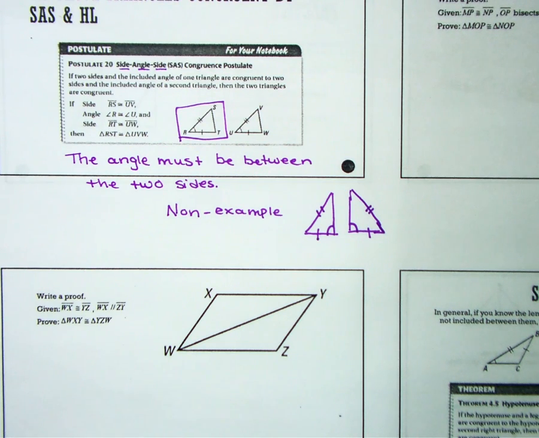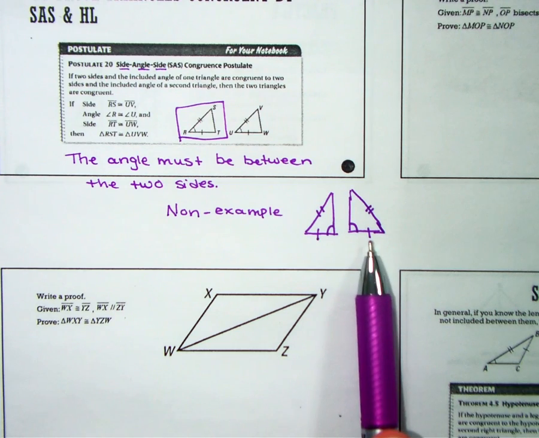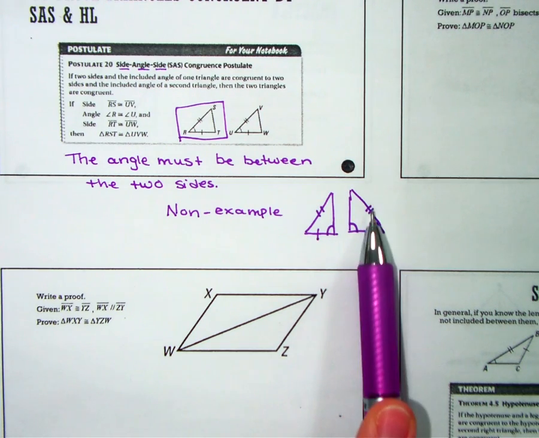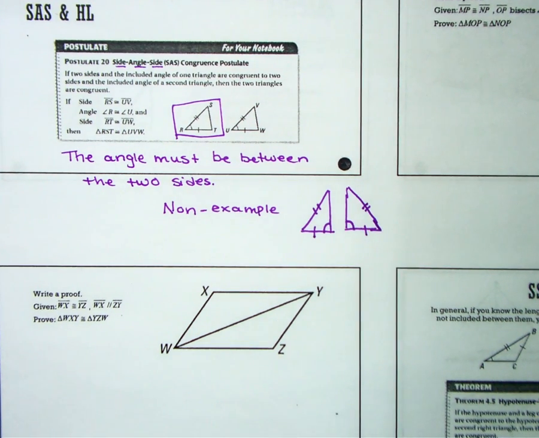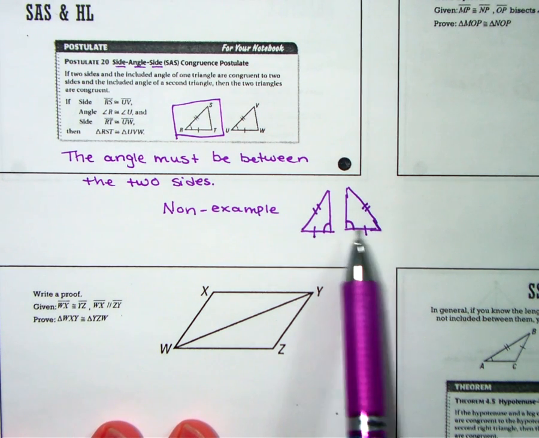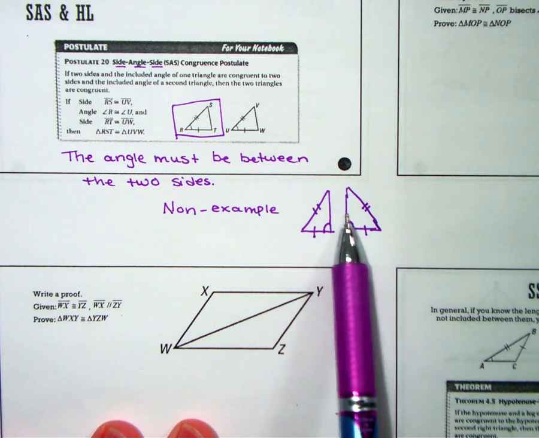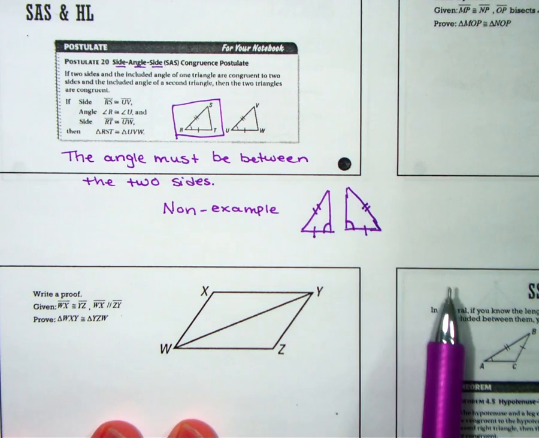And when we start to identify, I'm going to start here and go side, angle, side. Isn't that side, angle, side? Doesn't that work? And the answer is no, because again, right here, the angle must be in between the two sides. That means the two sides have to come together and meet at that angle. So because it is not side, angle, and then this side right here, this doesn't count as side, angle, side.